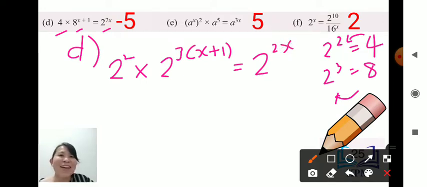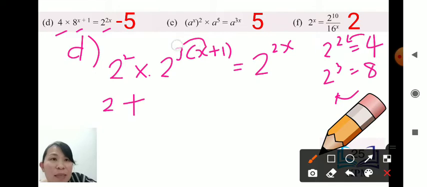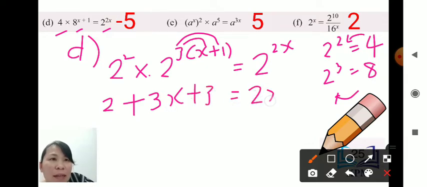Now 2 plus, I'll multiply, you add, 3x plus 3. Are you okay with this? 3x plus 3 is equal to 2x. Now you move all the x to one side and all the numbers to the other. You can move them all to the left or to the right, up to you.